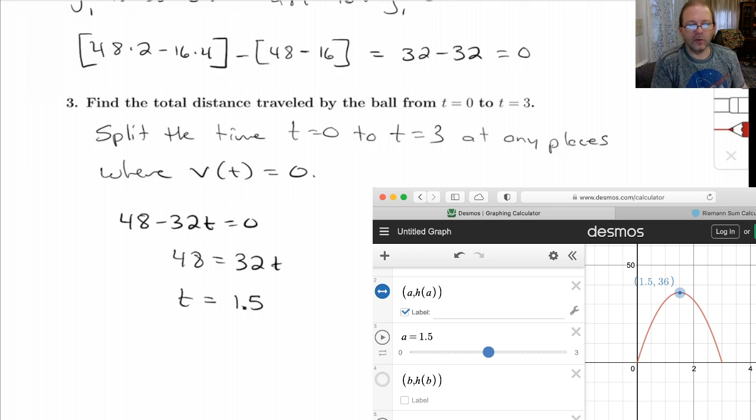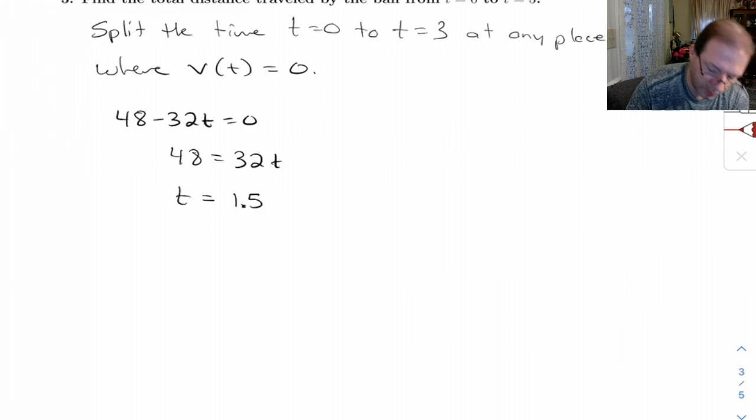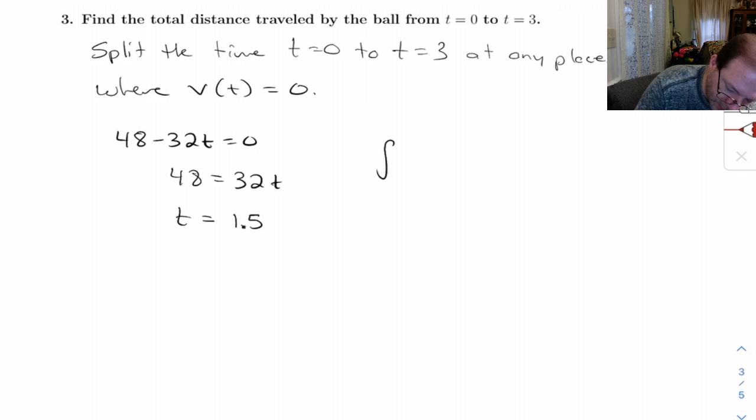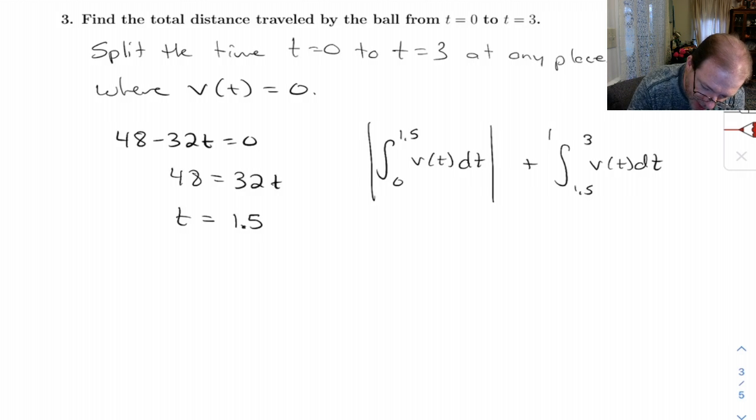So what this tells us to do is find the integral from 0 to 1.5, and then find the integral from 1.5 to 3. If we add that up, we're going to get 0. What we want to do is take the absolute value of both of these things.